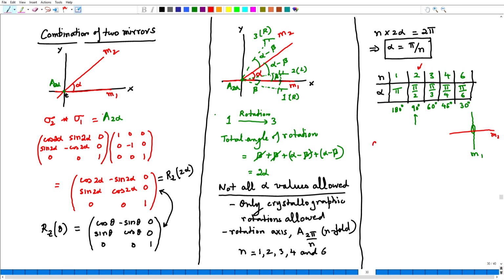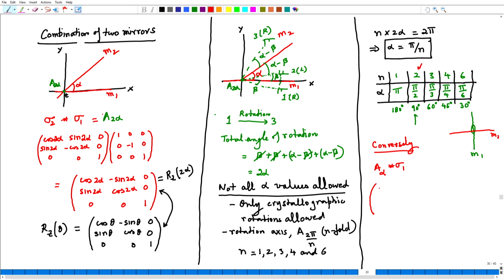So, let me write another thing. Conversely, in a more general way, if there is a mirror or reflection operation sigma 1 followed by A alpha, a rotation of alpha, the resulting operation would be, and I can show this again through a matrix.